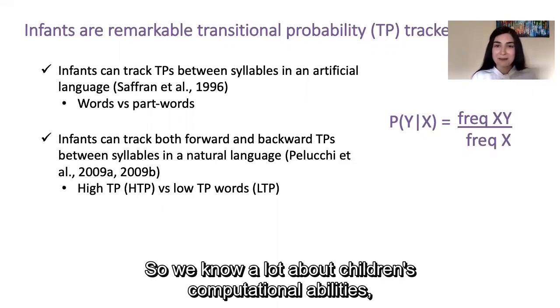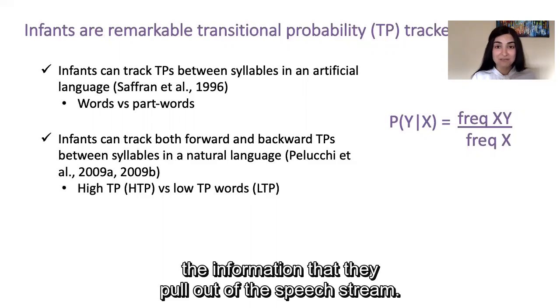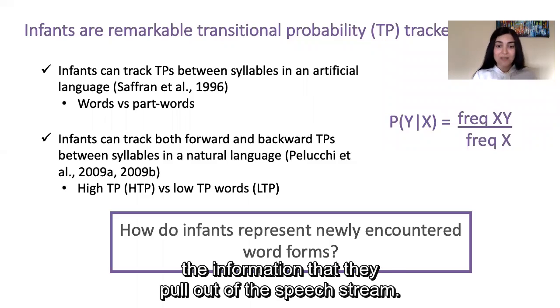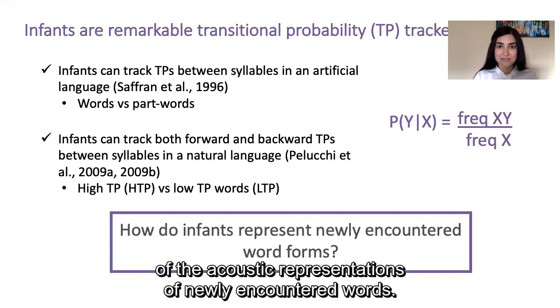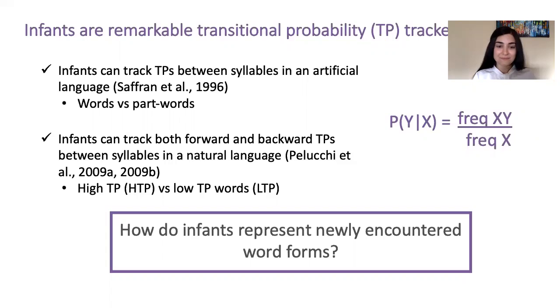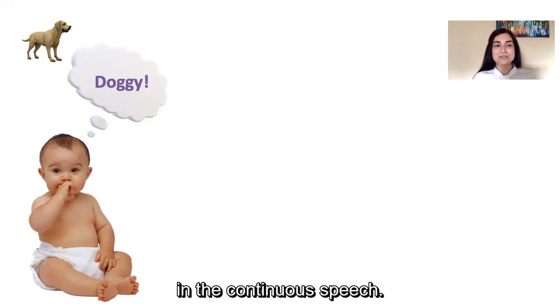So we know a lot about children's computational abilities, but we know much less about how they represent the information that they pull out of the speech stream. So in the present study, we look at the specificity of the acoustic representations of newly encountered words. Here's the baby, and here's the word doggy in the continuous speech.